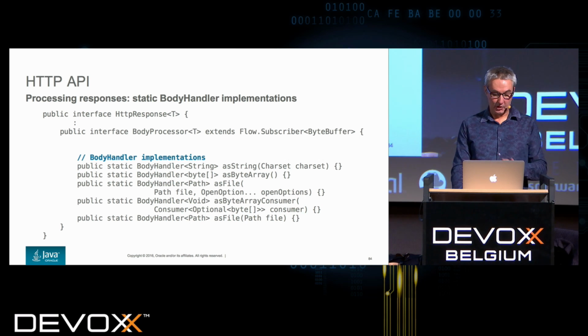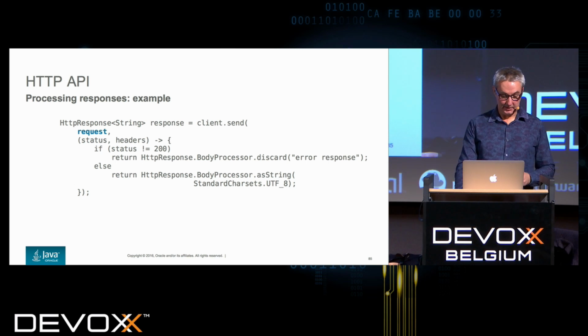So if you don't want to use one of these predefined body handlers, then the alternative is to write a little lambda like what's shown here. So in this case, we're calling client.send. The first parameter is a request, and the second parameter is this lambda, which takes the status and the HTTP headers and looks at the status and says, well, if the status is not 200, then we don't really want to look at the body, so we're just going to return a body processor that discards the response body and supplies this string error response as a proxy for the actual response body.